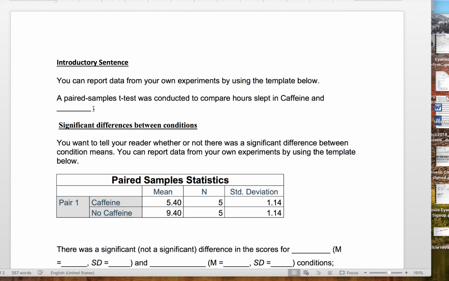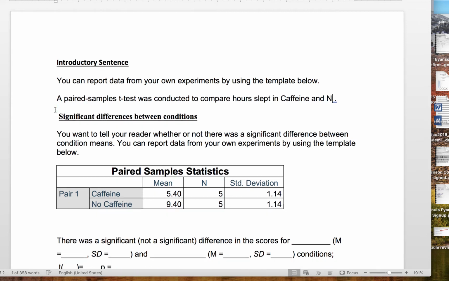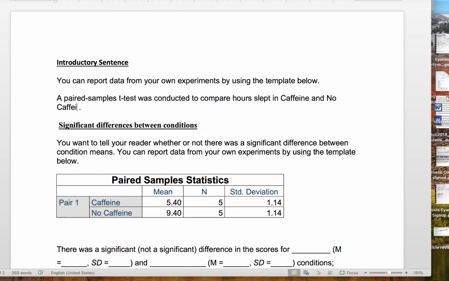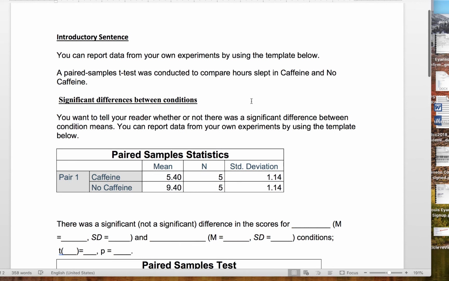Okay, so hours slept is not going to be shown in here. That's what you're running it against, your dependent variable. And caffeine and no caffeine are your independent variables, and you're going to have 2. Okay, so the box comes out. You'll see it says 5.40 for the caffeine and 9.40 for the no caffeine. Your mean area, these two numbers right here, are valuable.